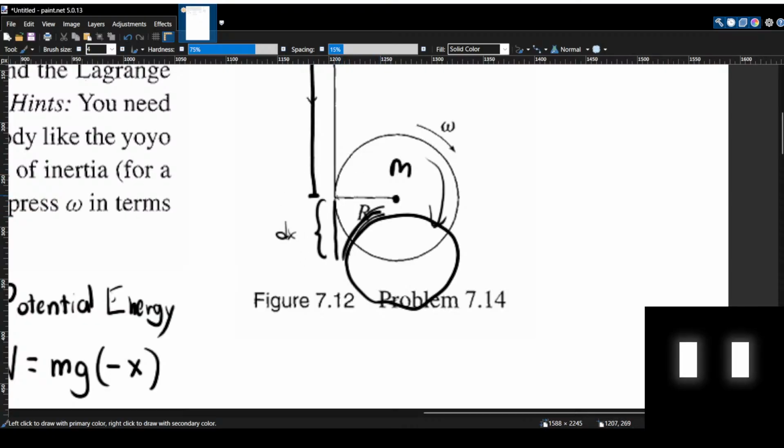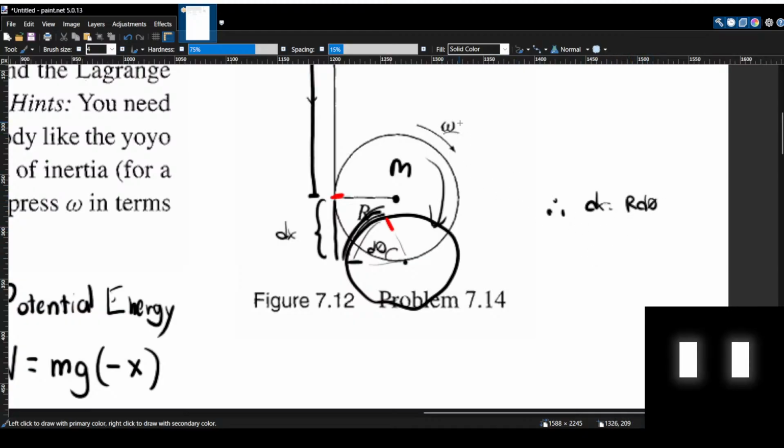From here, it spins all the way up to here. If it spins up to here, this distance is going to be dx, the change in x. This angle is d theta. Therefore, we can claim that dx equals r d theta.